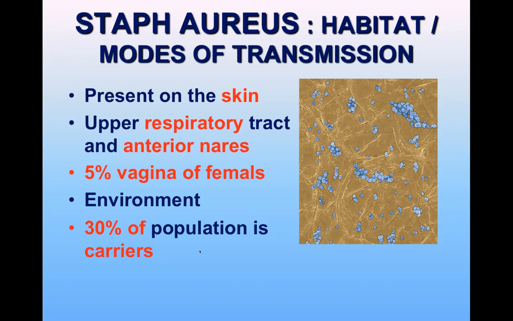The skin, especially that of hospital personnel and patients, is another very common site of Staph aureus colonization. However, it is very commonly seen in the upper respiratory tract or in the anterior nares, and it is also found in the vagina of 5% of the females, and that is what predisposes these females to toxic shock syndrome.